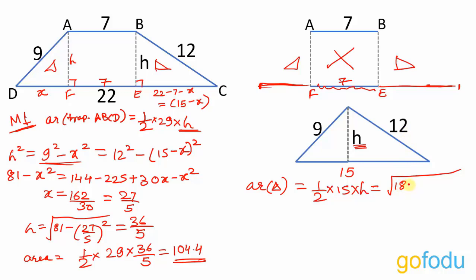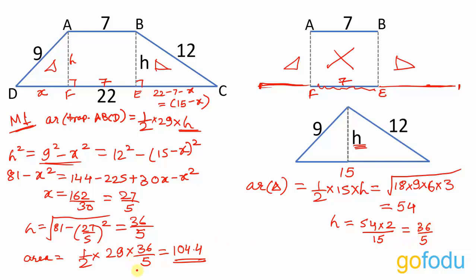So 18 into 9 into 6 into 3, which will come out to be 54, and h will come out as 54 into 2 upon 15, that is 36 upon 5.